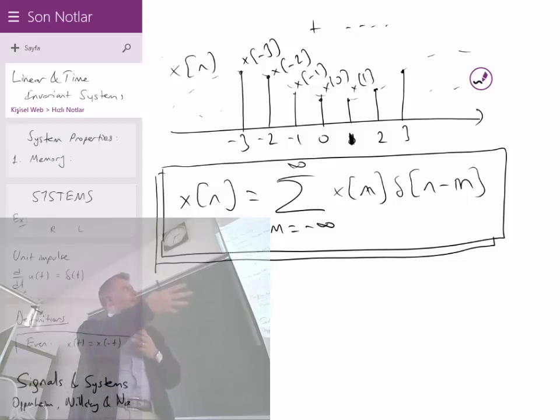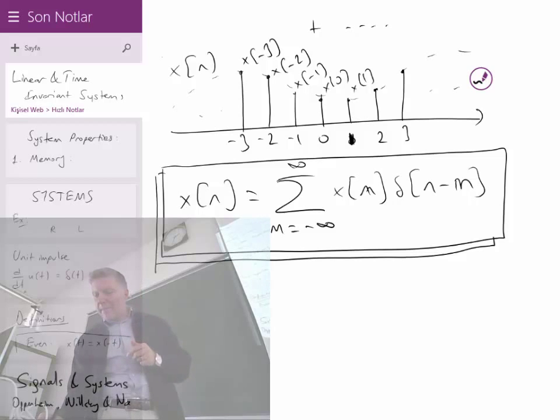So where's the signal? The left-hand side is a signal. At the right-hand side, I say x of m is not a signal, it's a scale. So what is the signal at the right-hand side? It's delta. It's a signal. Inside it there is n. And then it is shifted by an amount of m. It's just a combination of shifted impulses.